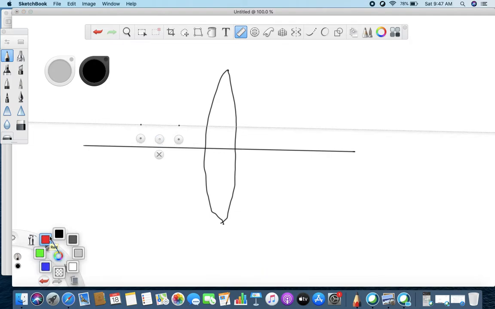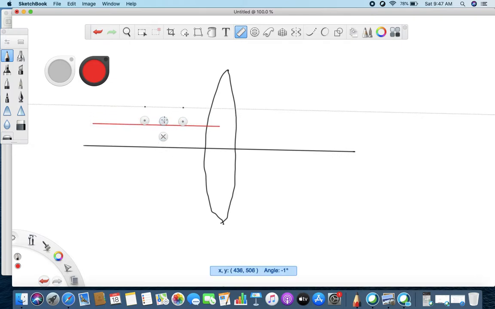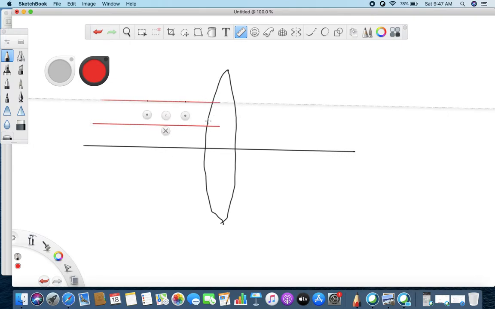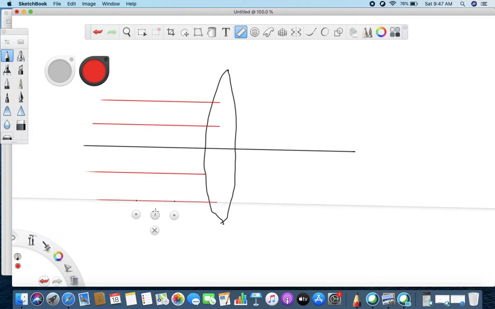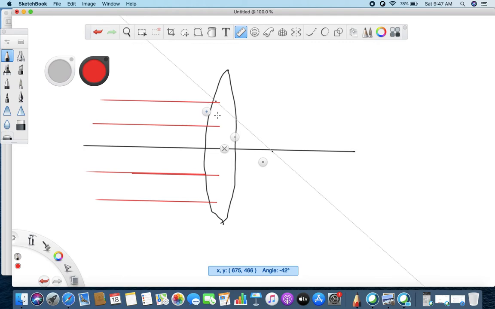So here what we can do is, this is your incident ray. So parallel rays will come. When parallel rays come, after refraction, where does it go? I'll show you. Here instead of reflection, they bend, right?